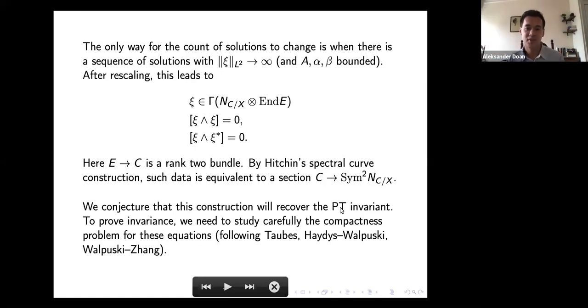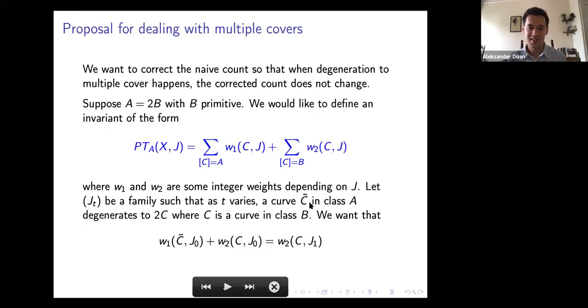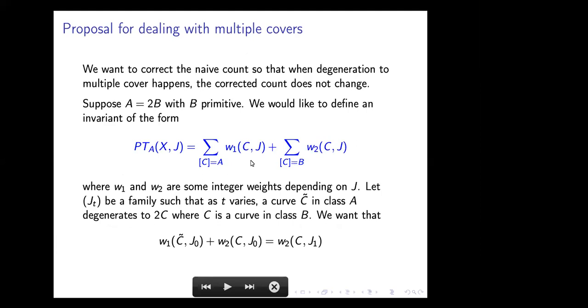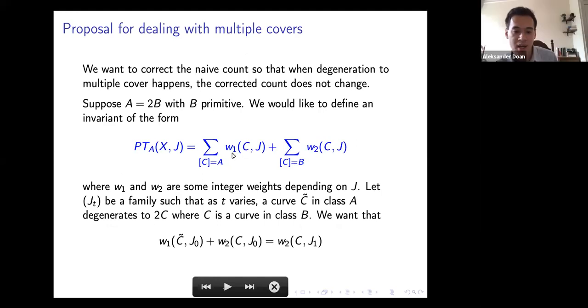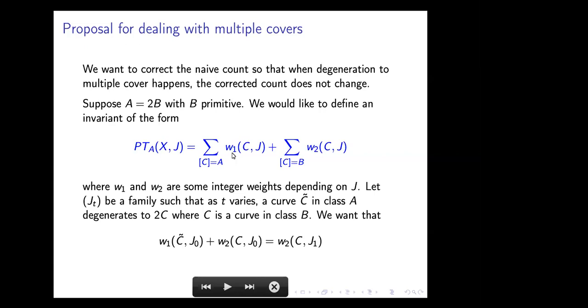Right. That's a very good question. So actually, of course, I cheated a little. In the naive count, this W1 would be just plus or minus 1, depending on the sign of the curve. But that's actually not what we want to do.